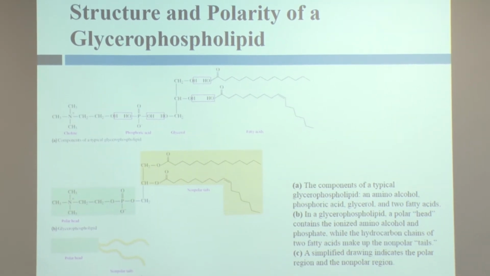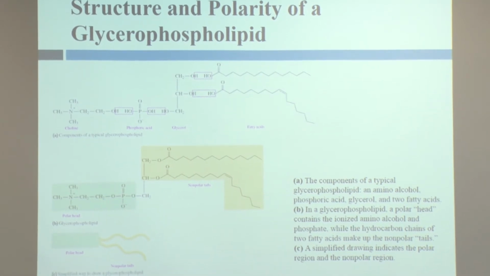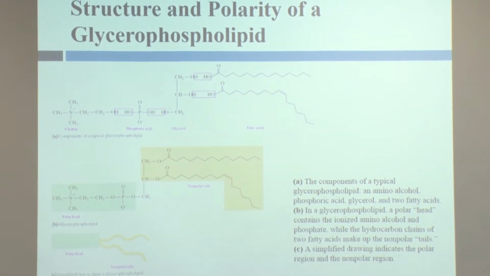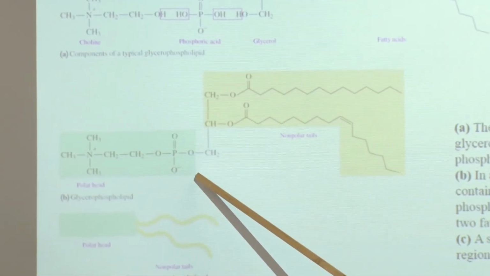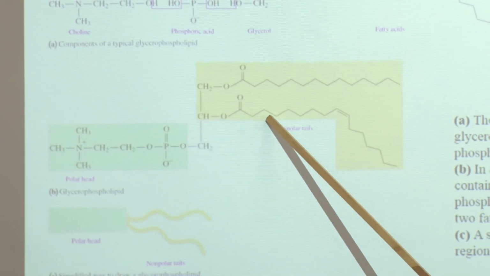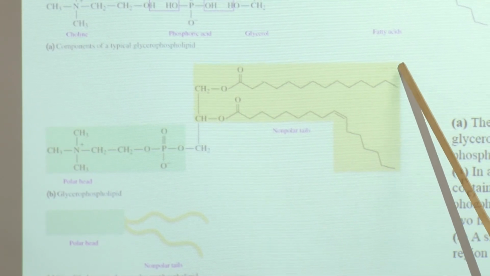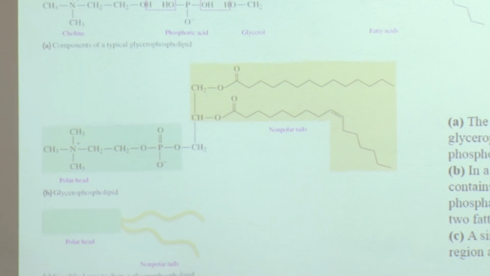Again, if you cannot see this well, please refer to your book, and this is the expanded structure where we are explaining the polar head and the non-polar tail. This is the amino alcohol and the phosphoric acid part, the polar head. This is the fatty acid part, the two molecules of fatty acid, which is the tail.